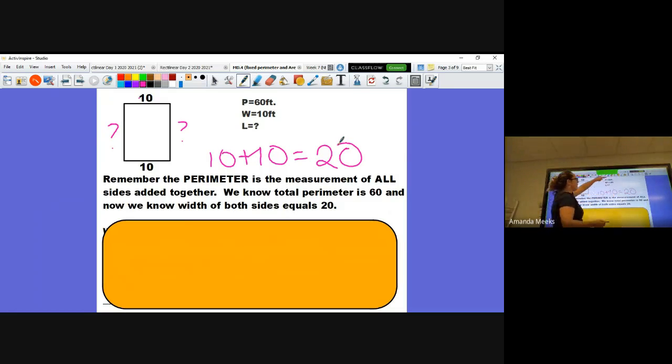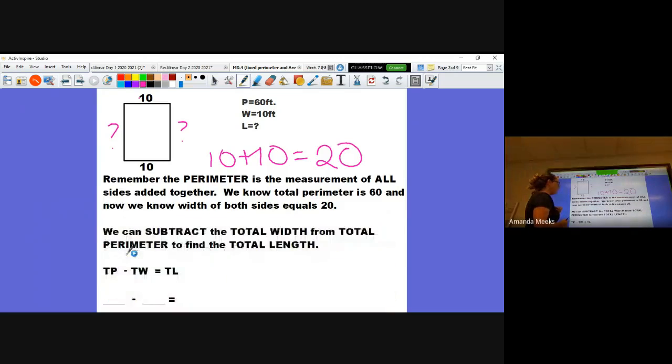I am still not at my perimeter. I still don't know my sides, okay? So I can subtract the total width from the total perimeter to find the total length. So my total perimeter, and let me do this, TP, TW, TL, okay? We are trying to find the total length.